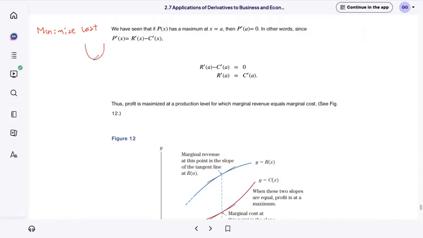To minimize is to find such a point, right? So the derivative at this point equals 0. To maximize profit, usually we have a downward parabola. We need to find this point.